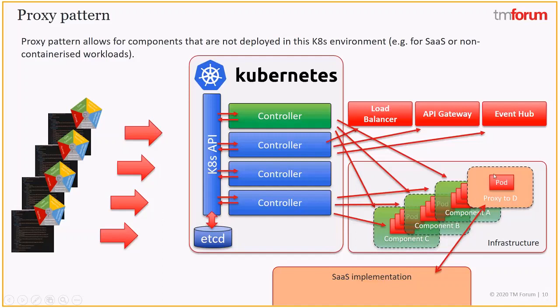That should be possible by creating what we're calling a proxy component. So the proxy component will just point to that SaaS implementation and configure all of the other non-functional services so that the other components can discover that SaaS implementation. So for example, if I had an order capture component that required a product catalog, I could have that product catalog running in SaaS, and the order capture component could discover its services, discover the URL of the product catalog API it wanted to call, and be able to integrate completely automatically.